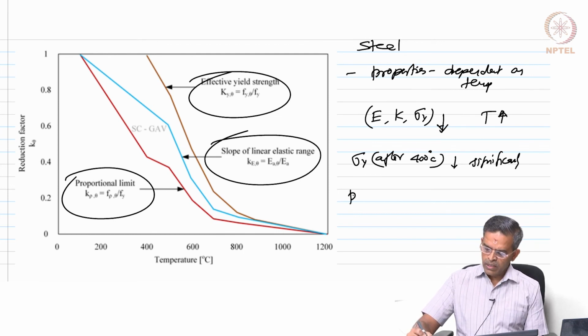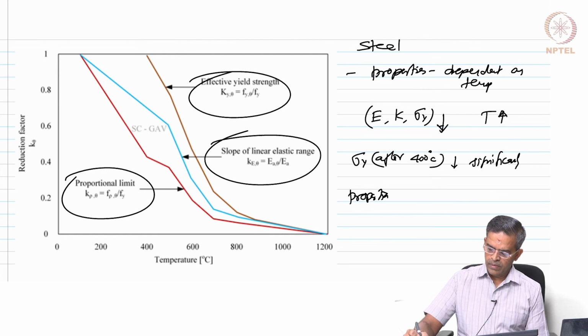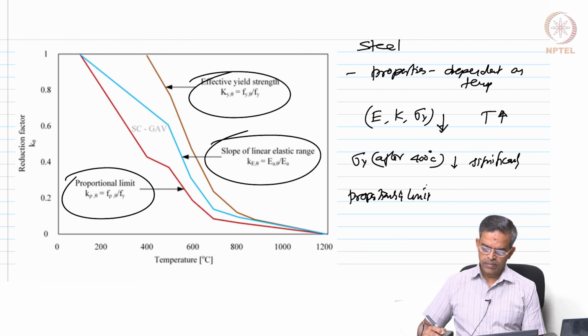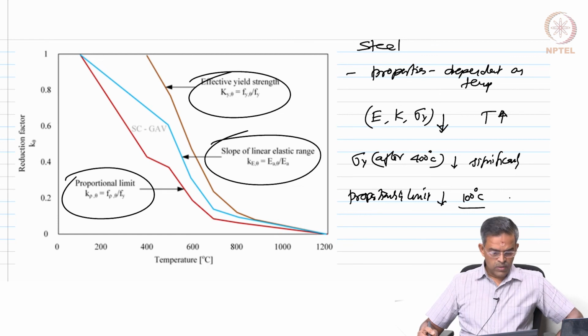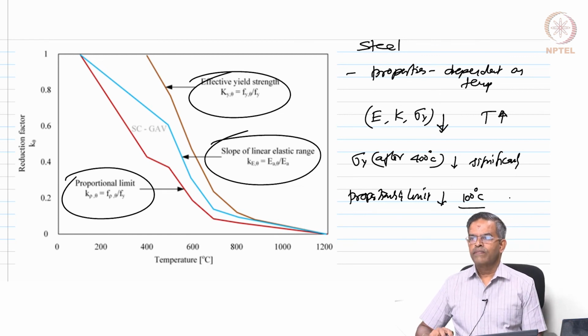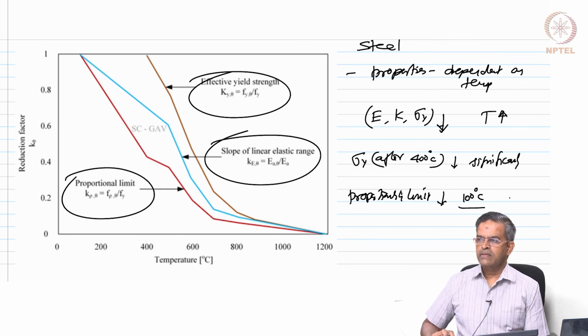The proportionality limit also decreases beyond 100 degrees Celsius. So, the ductility characteristics, strength degradation happens in steel as you proceed with the temperature.